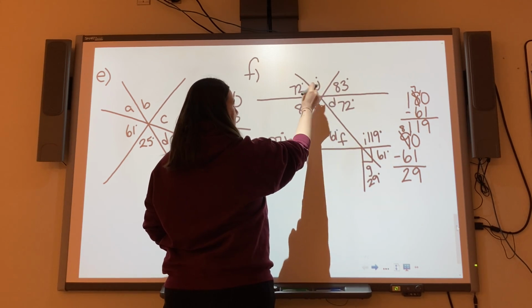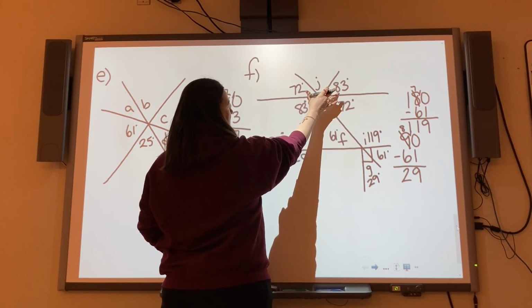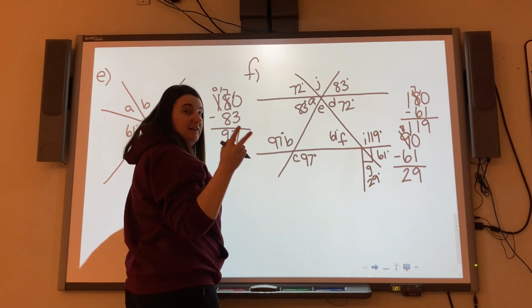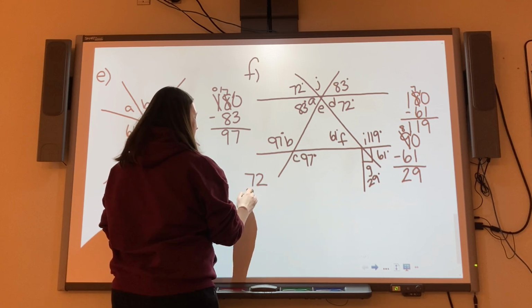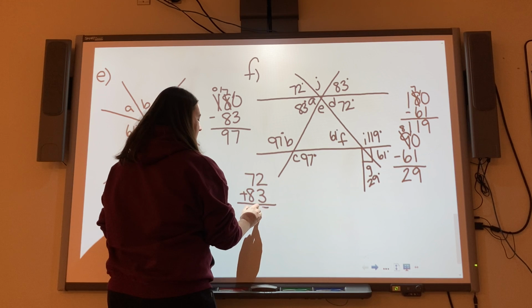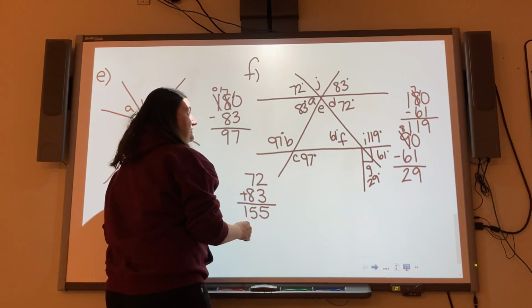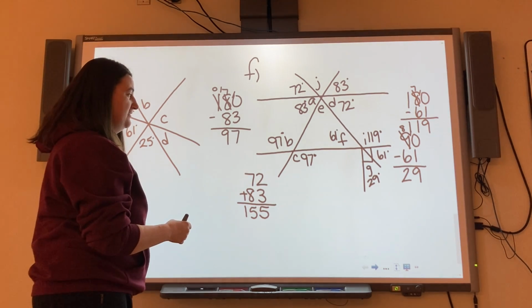So I need to know what these two ones are together, all those degrees, minus from 180 will get me J. So that means I have to do two calculations. 72 plus 83. So 2 plus 3 is 5, 7 plus 8 is 15. So together, 72 and 83 are 155 degrees.